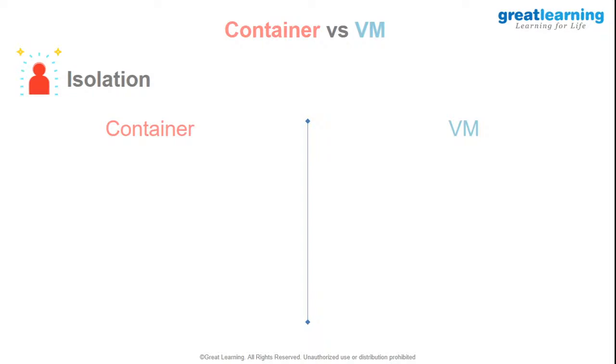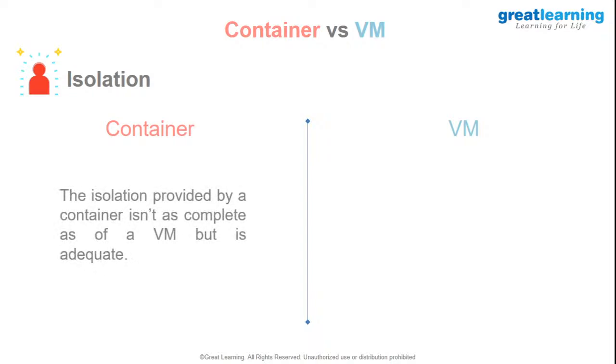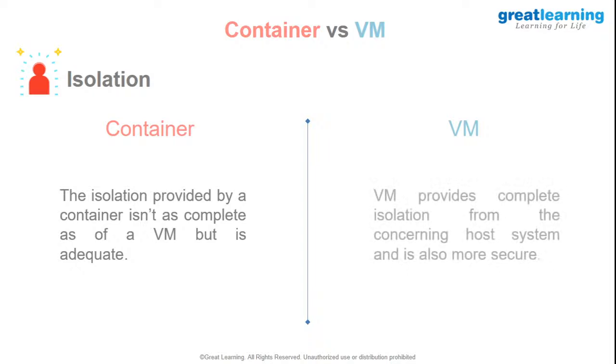Isolation. So let's see how well isolated both of these are. With containers, the isolation provided isn't as complete as that of a virtual machine, but it is adequate enough. There are user-defined methods where we've included isolation, but it's not complete isolation like we saw with virtual machines. Virtual machines provide complete isolation from the host system, and it is also way more secure in this matter because it's completely separate from the host operating system.